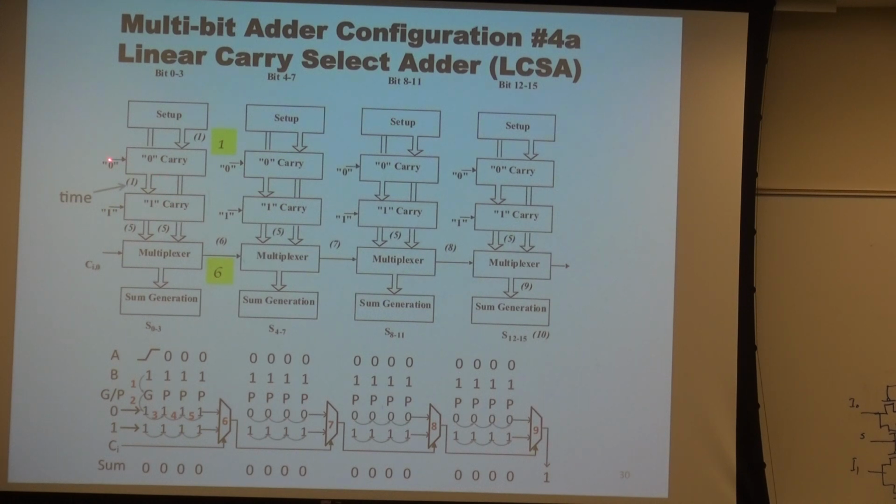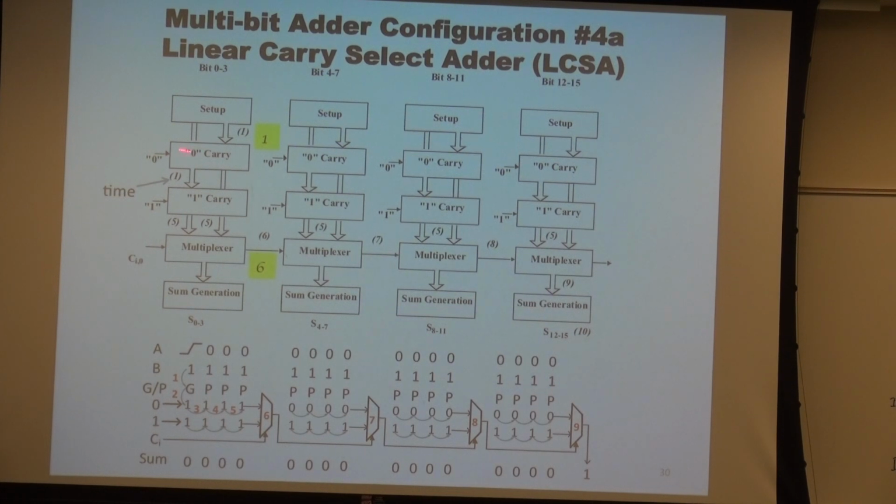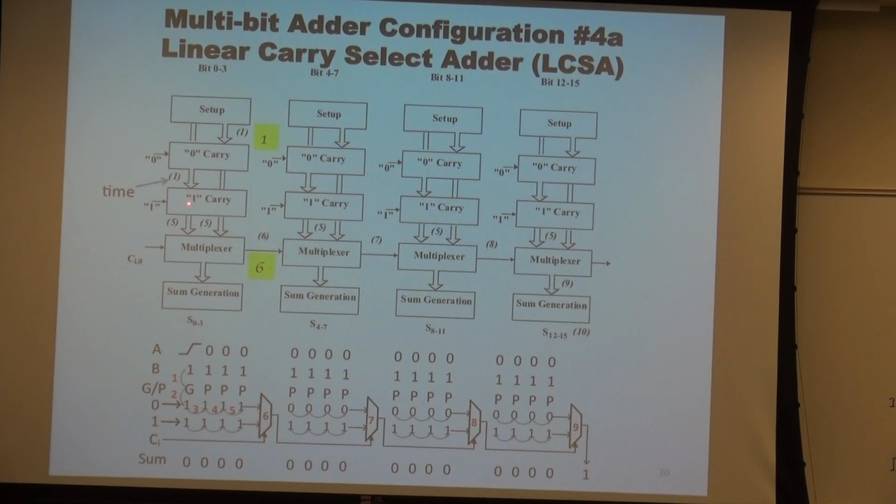And then there are 4 bits here, so it takes a 4-bit ripple carry, which is 4 carry, so 4 units of time in this. So after 5 units of time, we have the values of the carry rippling through these 2 stages over here. And also in other cases.